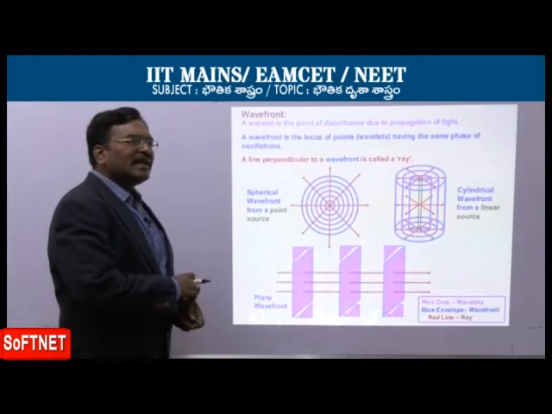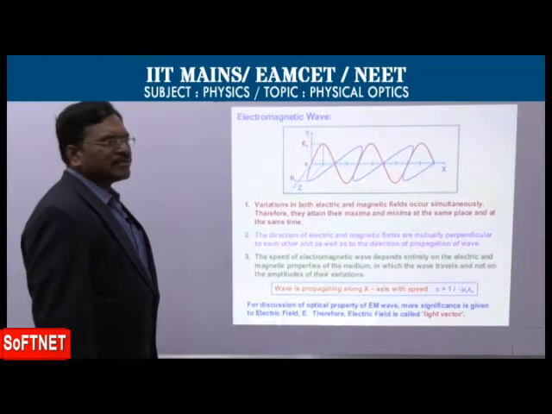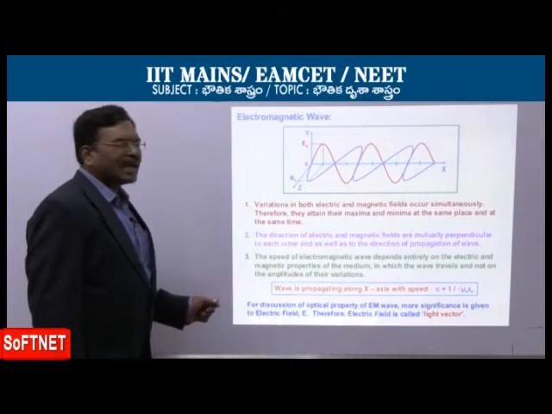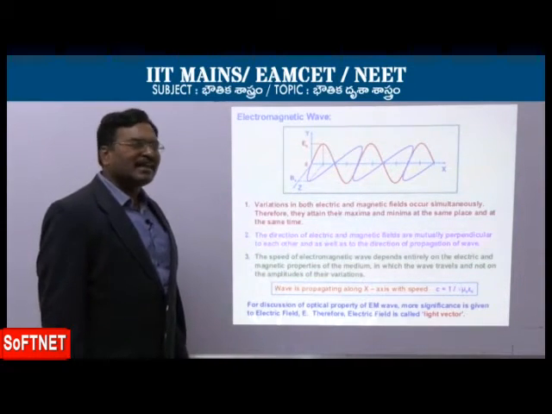Suppose the electric field is along the y axis and the magnetic field is along the z axis, then the electromagnetic wave is propagating along the x axis.